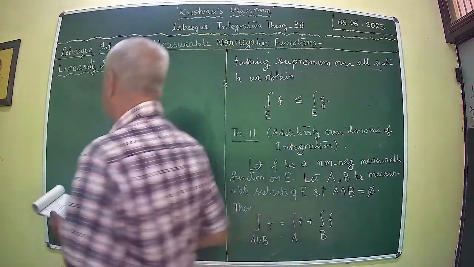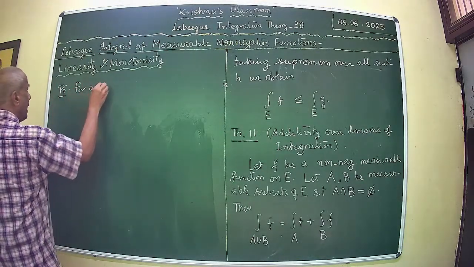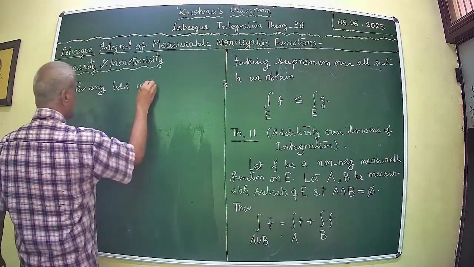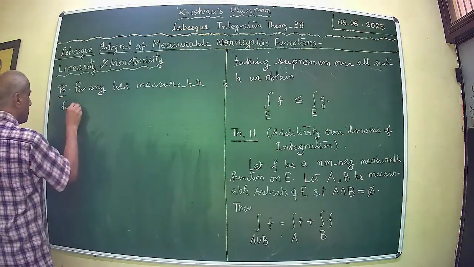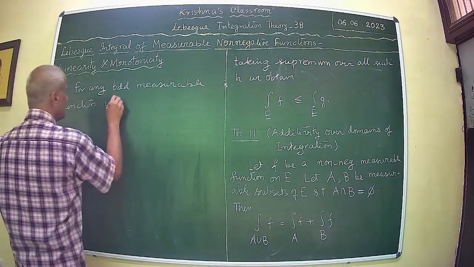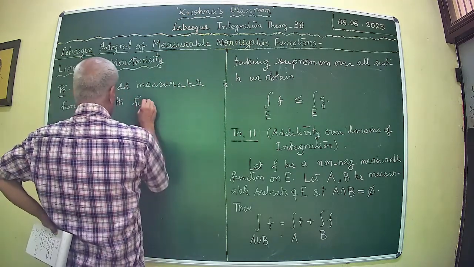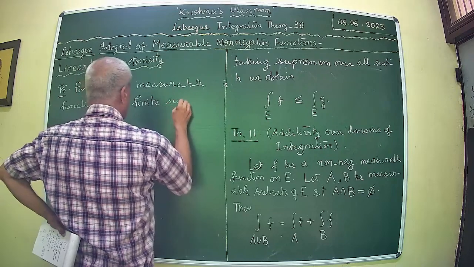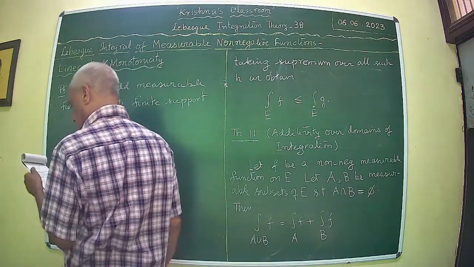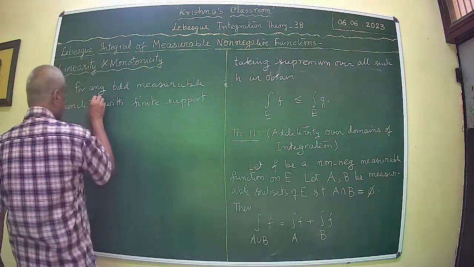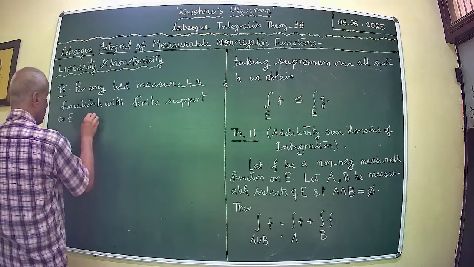So for any bounded function h with finite support on E, we have the following.